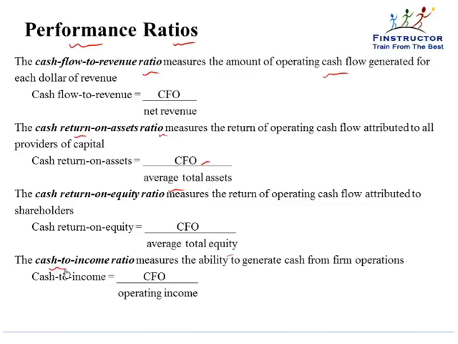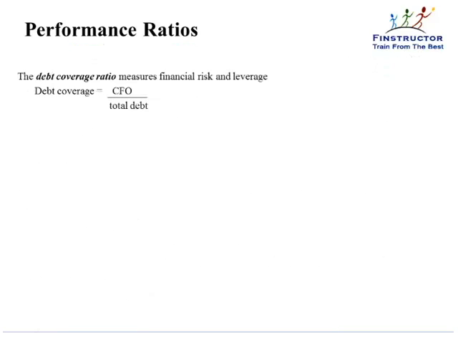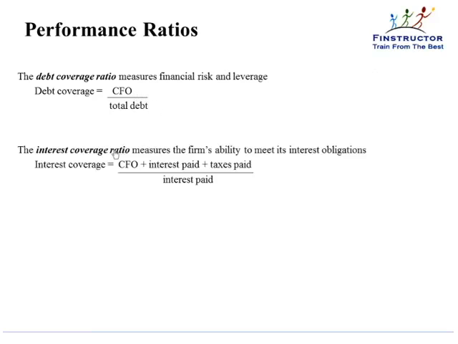The cash to income ratio is also another interesting ratio, which tells us whether the operating income is actually coming in the form of cash flow from operations, or is most of the income getting lost in accounts receivable and other accruals? Debt coverage ratio shows the cash flow from operations on total debt.